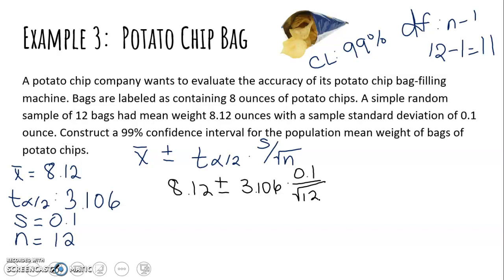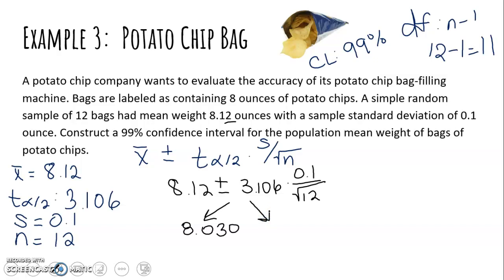I'm going to do this off screen. 8.12 minus, I always do minus first, 3.106 times 0.1 over the square root of 12, and we get 8.030337503. I'm just going to write 8.030. I'm going to go 3 places because the mean was 2, so I'm going to go out 1 past that.